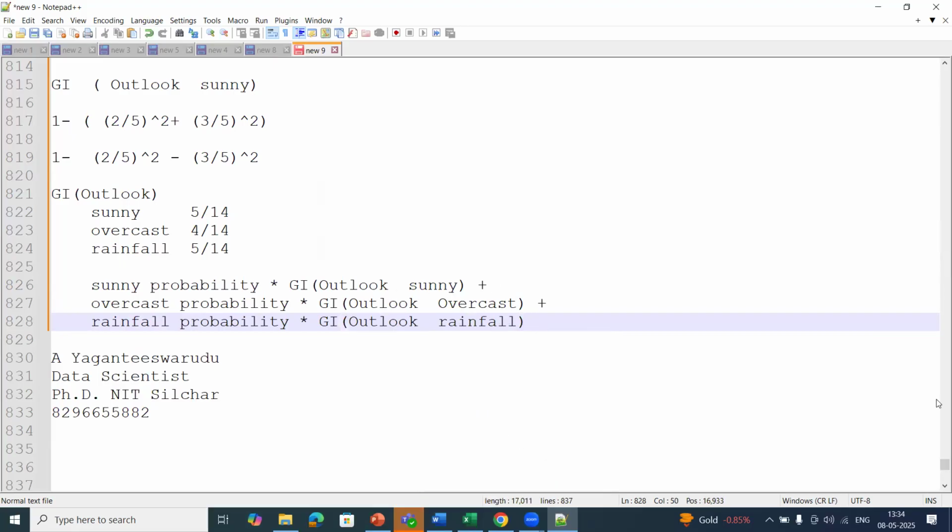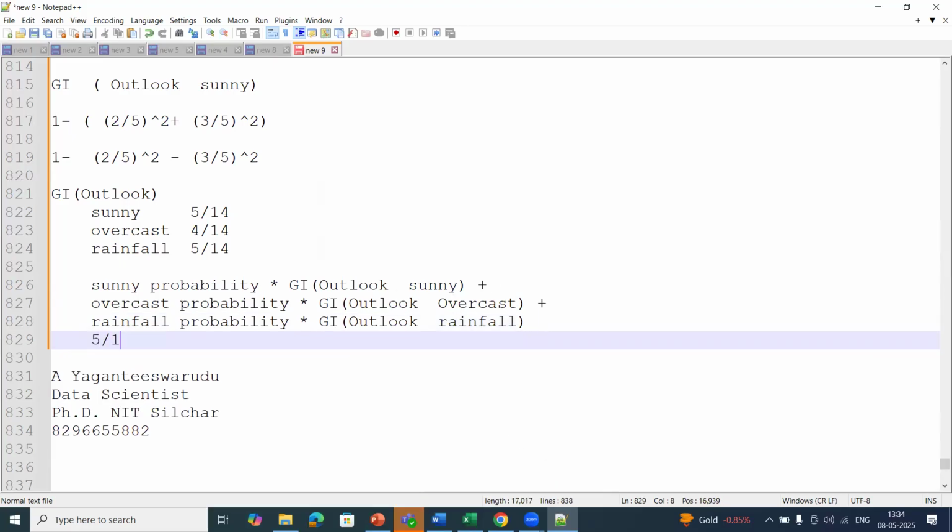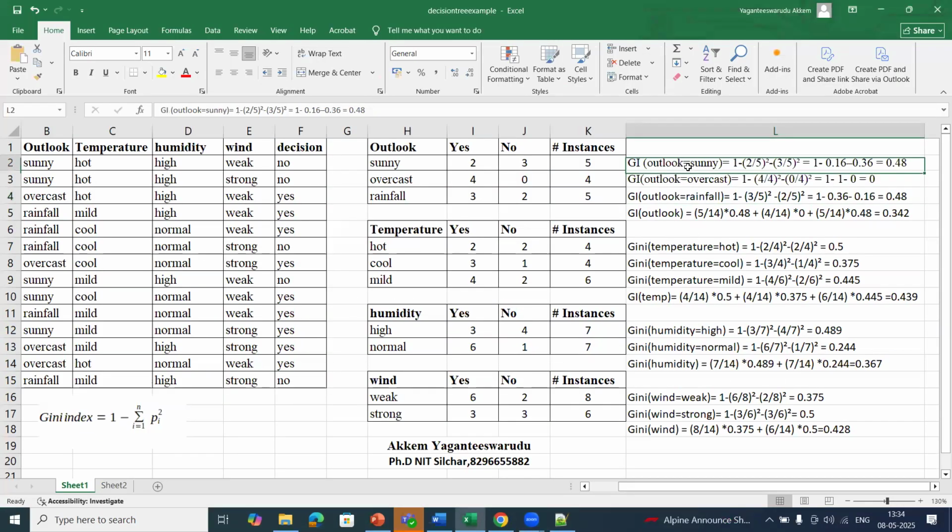That is 5 by 14 into 0.48. The Gini index for outlook equal to sunny is 0.48, the Gini for overcast is 0, and the Gini for rainfall is 0.48.